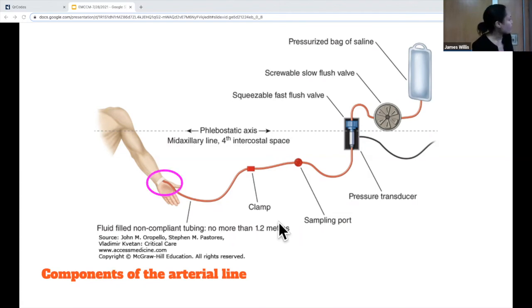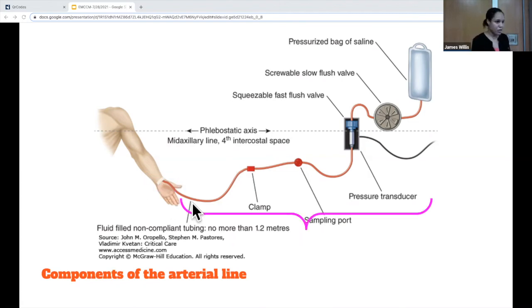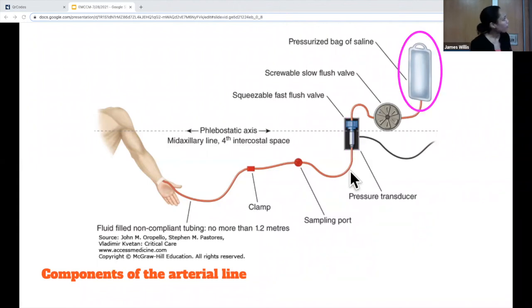We've got our catheter that goes directly in the artery. We've got our non-compressible tubing, which is extremely important to have. We've got our pressure transducer that attaches to the monitor and gives us a reading. And we've got our pressurized bag of saline, pressurized to anywhere between 250 and 300 millimeters of mercury.